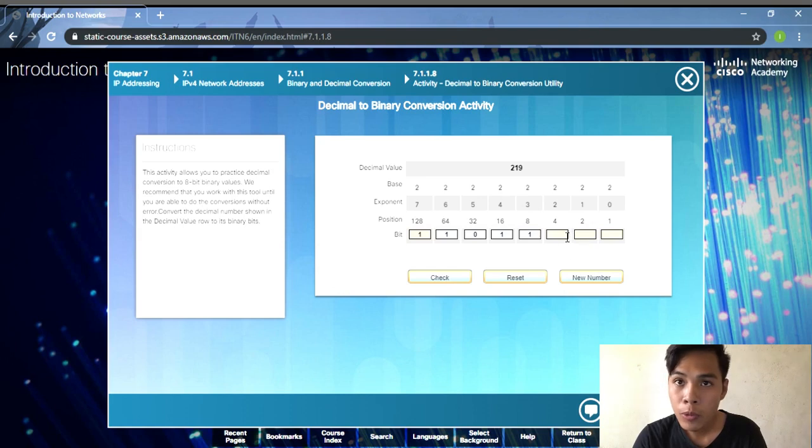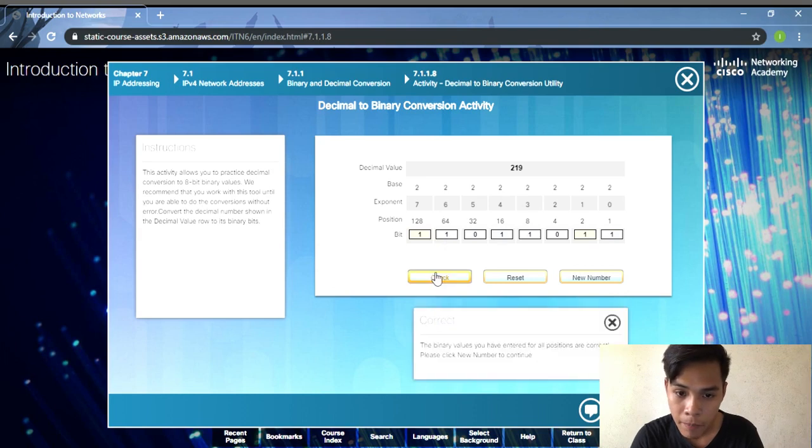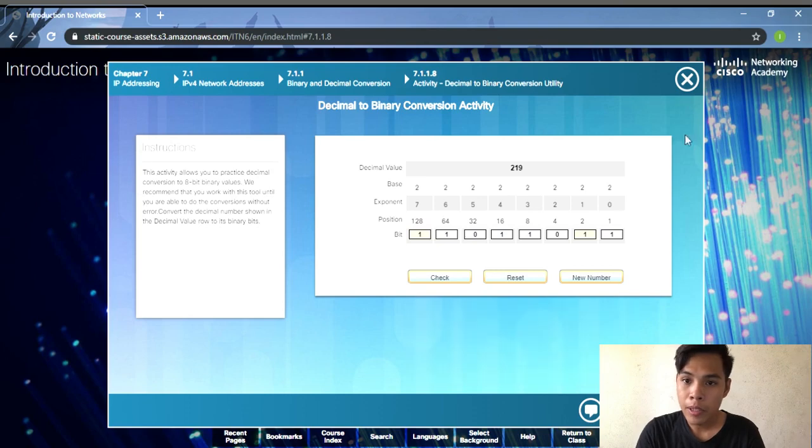This one. 3 minus 4 will be negative 1, so let's put a 0 there. 3 minus 2 will be 1, so let's put a 1. And 1 minus 1 will be 0, so let's put another 1. Let's check. So correct, binary values you have entered for all positions are correct, so we have answered that activity correctly.